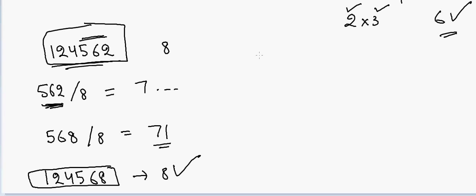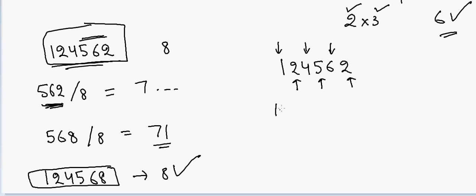Now let's talk about divisibility by 11. So if I have 124562, and I want to find out whether this number is divisible by 11, what I'll do is take the alternate numbers. So I'll take 1, this number and this number, and then I'll take the other three numbers, and add them together.